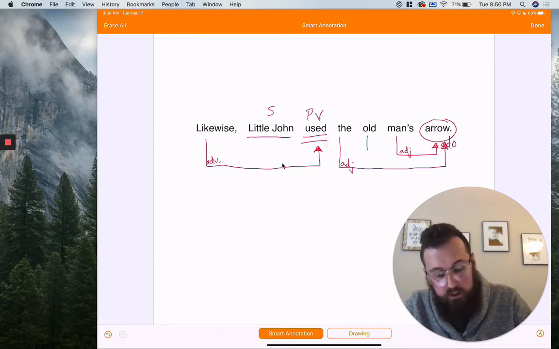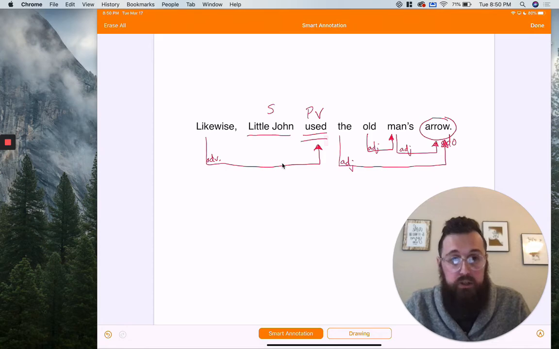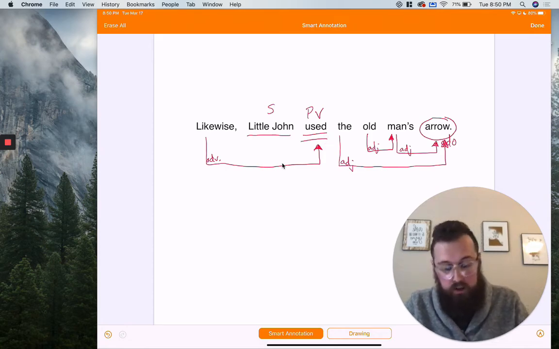Now old is describing man, just like Robin Hood's in our previous sentence described a possessive noun. A regular adjective can also describe a possessive noun, and it would work the same way, because possessive nouns are acting as adjectives in our sentence. So likewise, Little John used the old man's arrow.